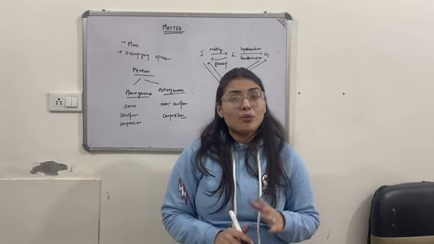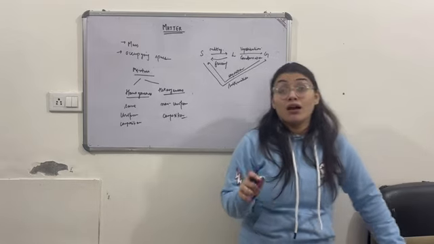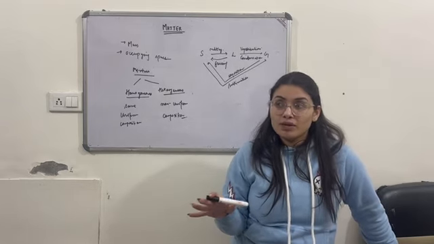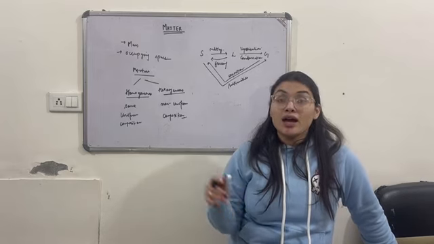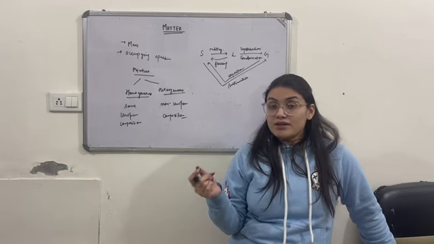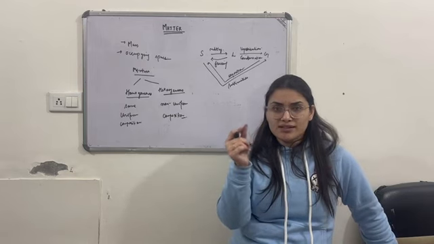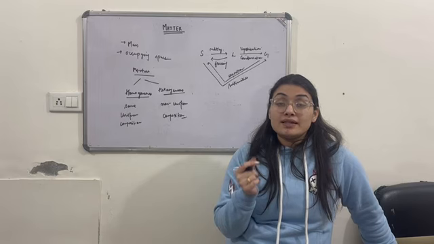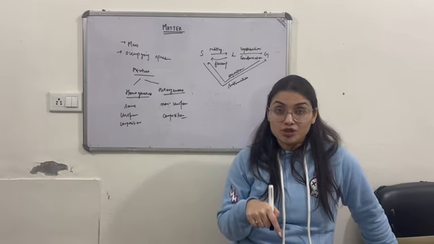So what is an example of such a process? As you know, when we store our summer clothes in our almirahs or wherever, you have seen that parents sometimes put naphthalene balls in there. These are small medicines which are put in there. Basically these are naphthalene balls. So naphthalene has the property of sublimation, right?